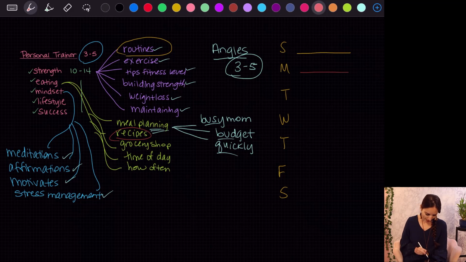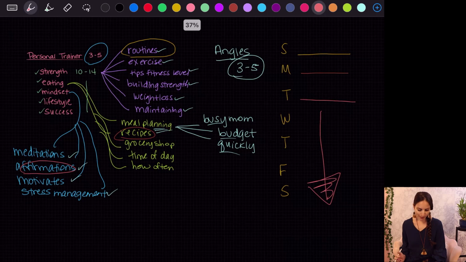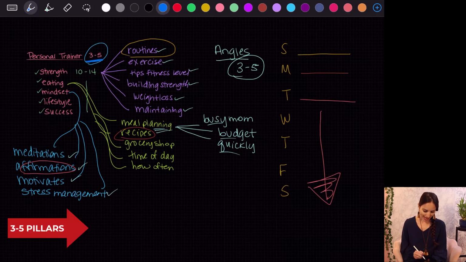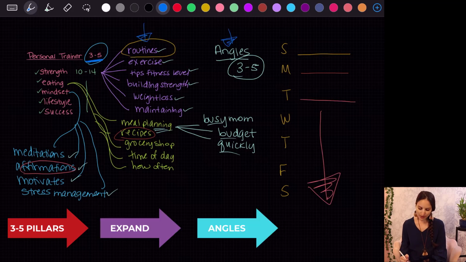I want to talk about affirmations on Tuesday, and so on and so forth. And that's how you're going to get your content plan. So just sit here and really brainstorm. We're going to start off with 3 to 5 things, and then you're going to expand them, and then you're going to think about the angles, and then you're going to schedule them.